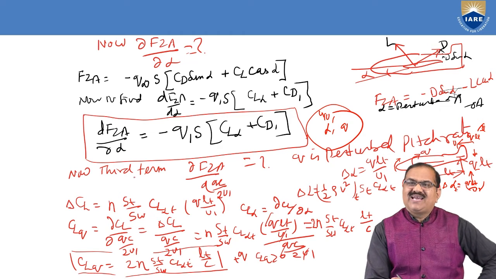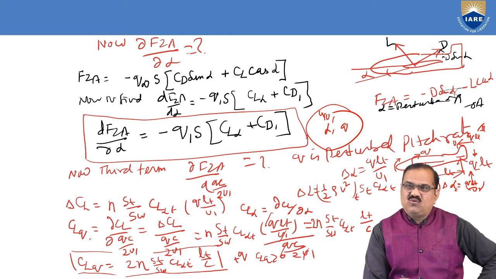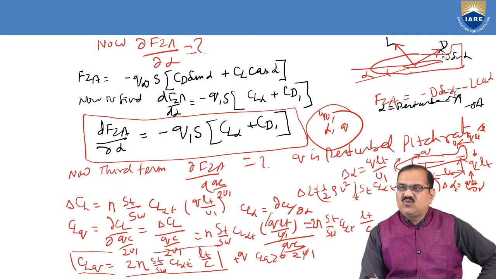So here CLq is equal to ∂CL/∂(qc/2u1), so ΔCL over qc/2u1. If we take η (St/Sw) CLαt (q lt/u1) divided by qc/2u1, u1 cancels, q cancels.